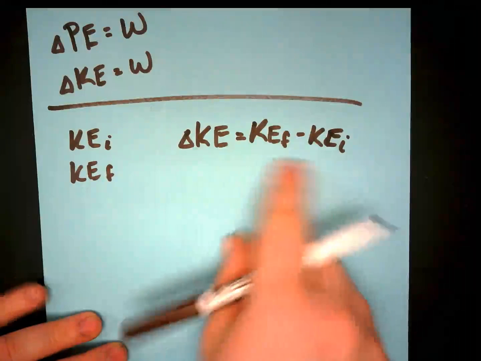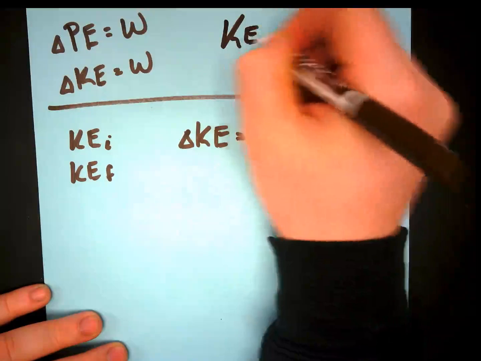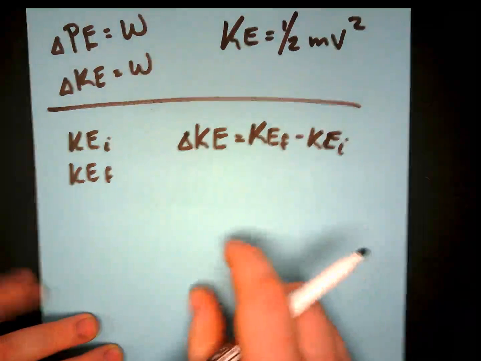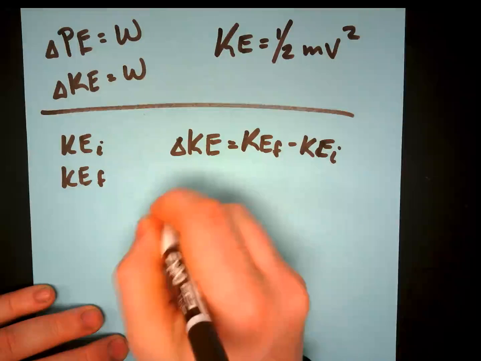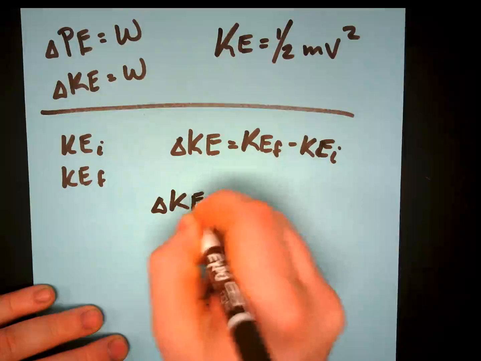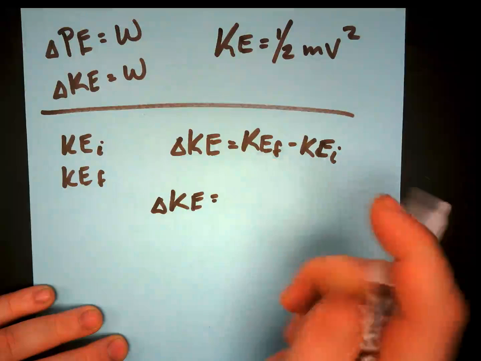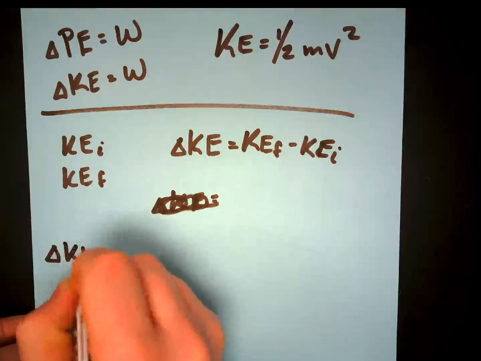Remember, kinetic energy is equal to 1/2 times the mass times velocity squared, and we'll use that for both of these. The change in kinetic energy is going to be equal to our final kinetic energy minus our initial. I'm going to write this down here so I have more room.